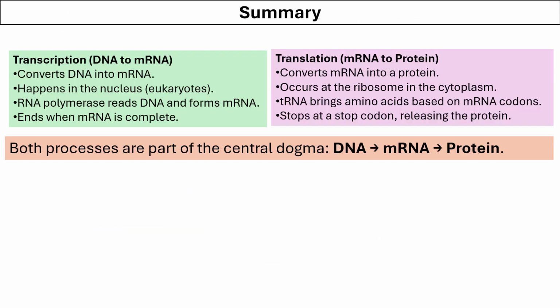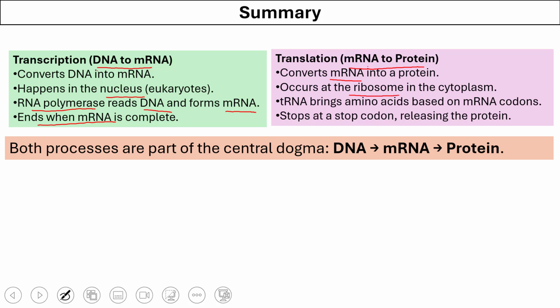Let's summarize the transcription and translation process. Transcription is the formation of mRNA on DNA. It happens in the nucleus. RNA polymerase reads the DNA and leads to the formation of the mRNA strand. This ends with the completion of mRNA strand formation. Translation is the formation of proteins from mRNA.